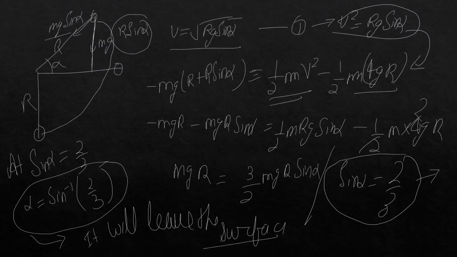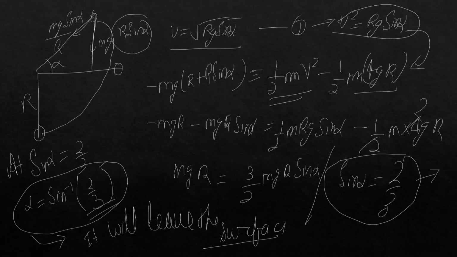Understood? So now we have got the first part of the question, that at alpha is equal to sine inverse 2 by 3, it will leave the surface.